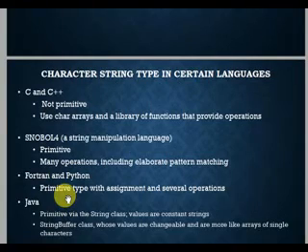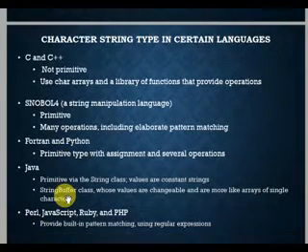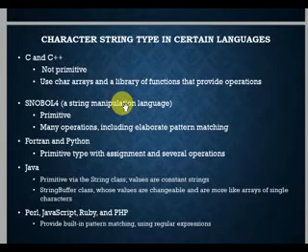Then the character string type in certain languages. In C and C++, string is not primitive. Use a char array and a library function that provides the operations. In Snowball, which is a string manipulation language, it is primitive, with many operations including elaborate pattern matching.